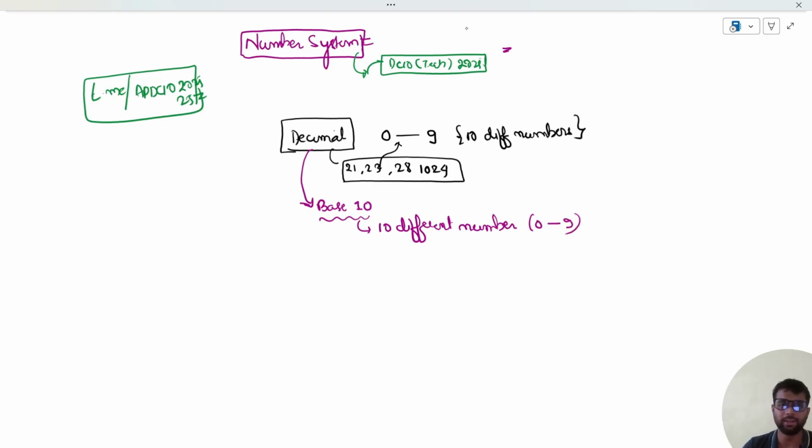Similarly, if we say that the base of a number system is 6, it means there are 6 different numbers in it, and it will range from 0 to 5.